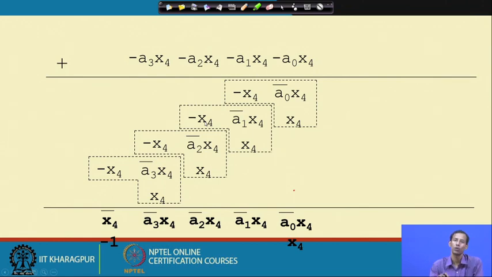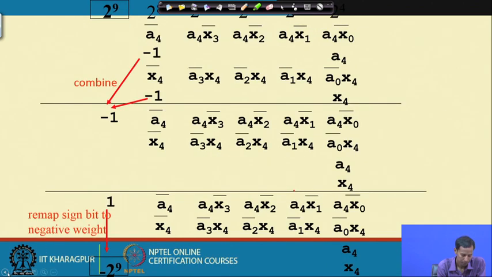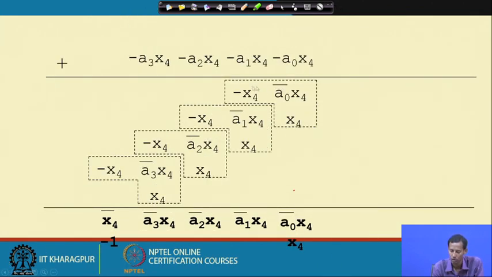In the previous case, A4 was common in each of the multiples, whereas the other values x0 were changing. Here x4 is common and the A values are changing. That is why this x4 is coming over here: minus x4 A0 bar x4 x4.